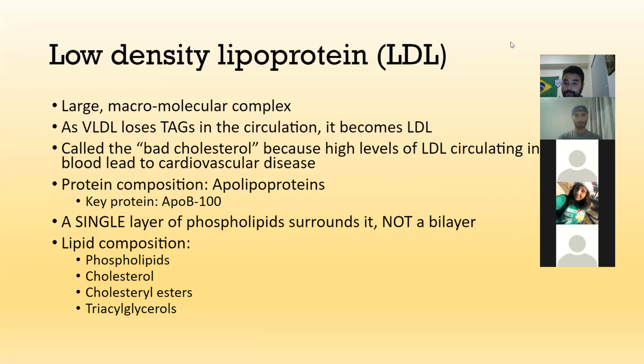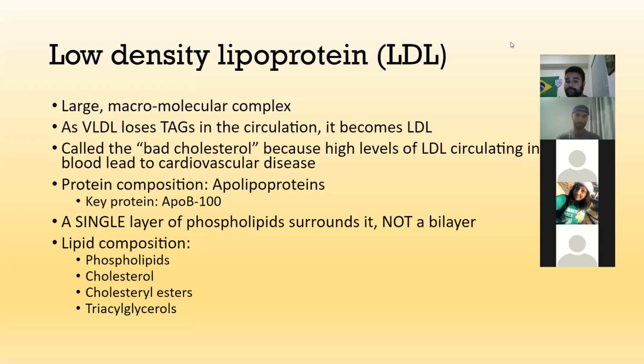They're usually the ones that will start donating their cholesterols to different tissues such as our adrenal tissue and our muscle tissues. So they carry a lot of cholesterol. If you have a high amount of low density lipoproteins circulating in our blood, it could indicate that we could have cardiovascular disease or other big issues such as stroke, okay?